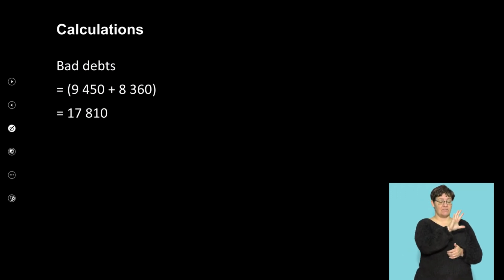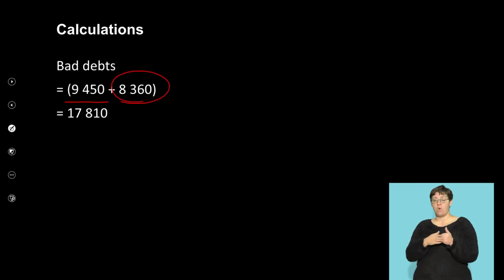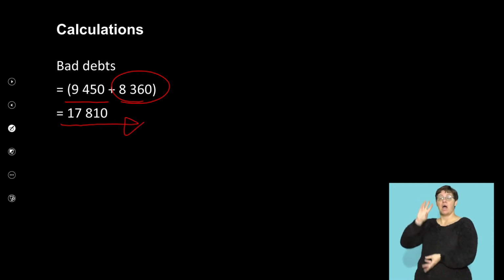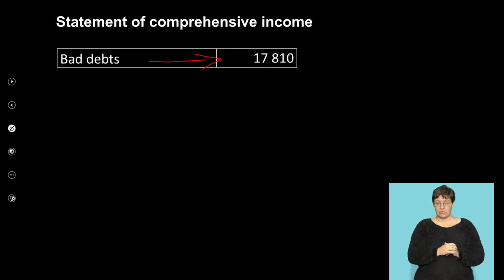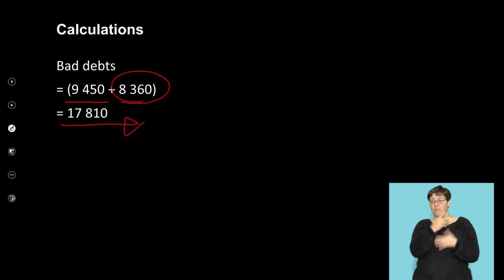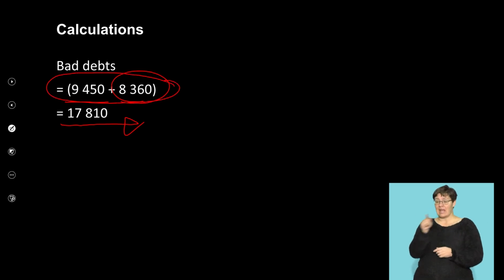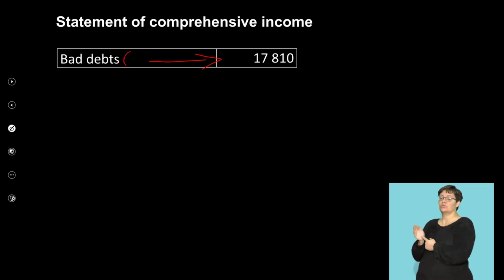Here you can see, there's my 9450, plus the further bad debt of 8360 gives me a total of 17,810. So my bad debts is 17,810. Remember, we said good practice, but because we've done it here, we're just saying that take that amount there and show it in your brackets as part of your calculation.